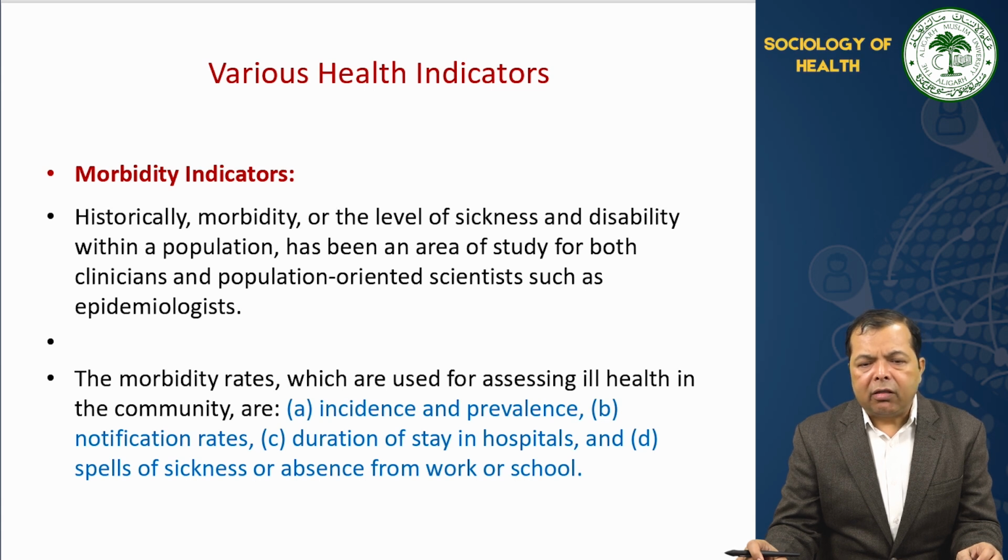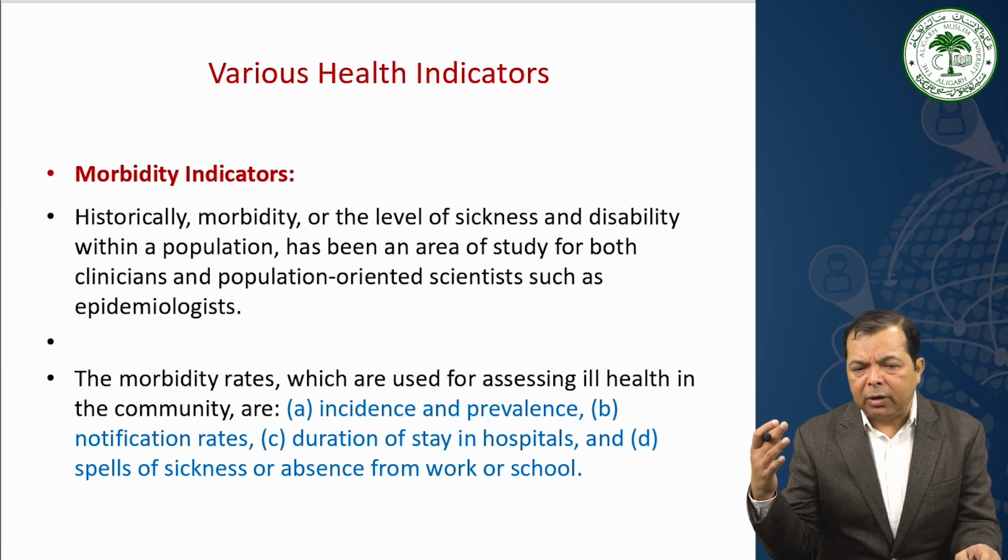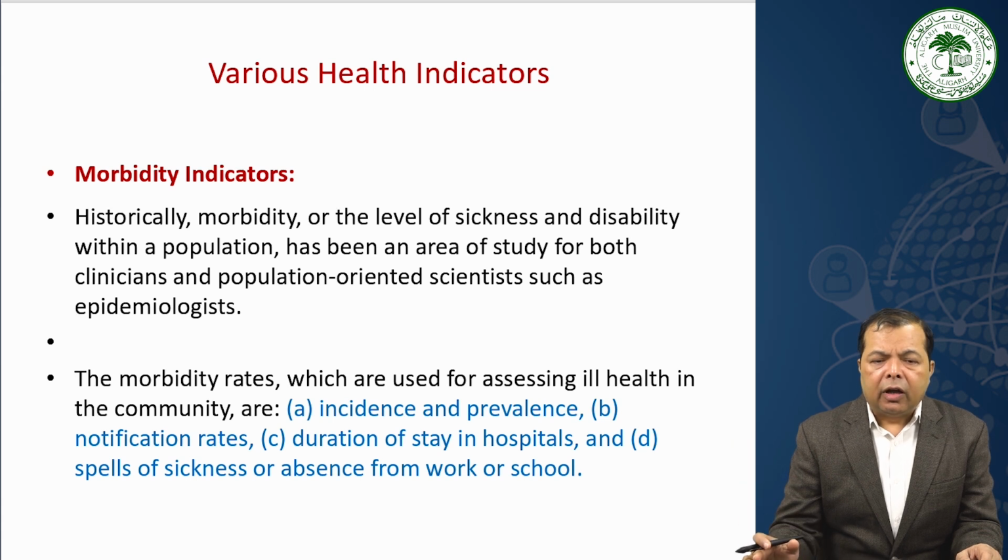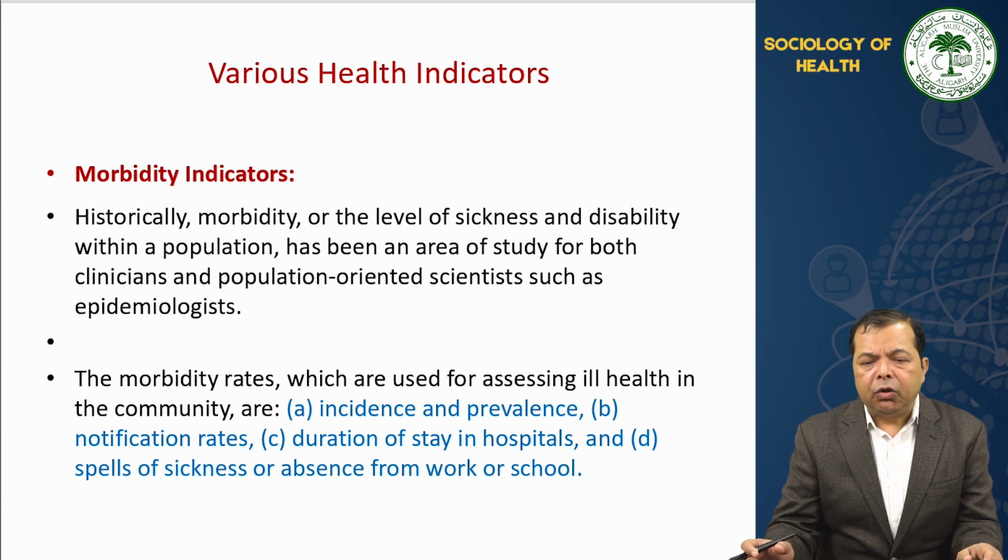The morbidity rates used for assessing ill health in the community include incidence and prevalence of a particular disease, as we discussed in the previous lecture, prevalence of communicable and non-communicable disease, then notification rate, then duration of stay in hospital, and spell of sickness or absence from work or school. All these things will indicate the kind of morbidity rate prevailing in that society.